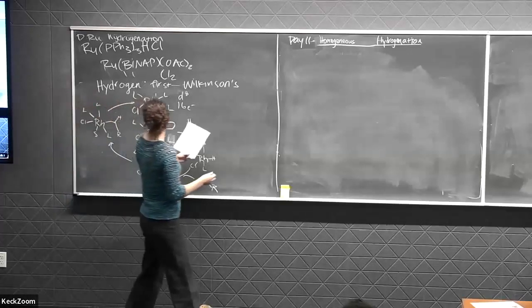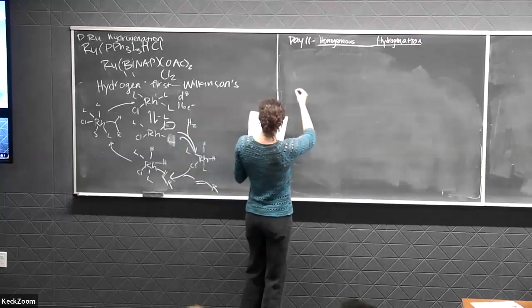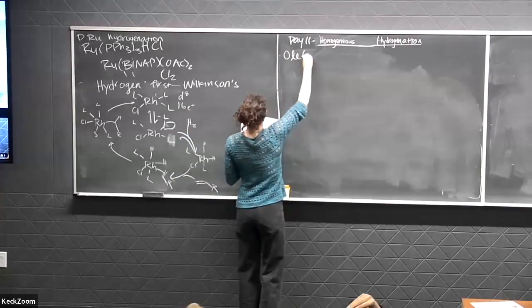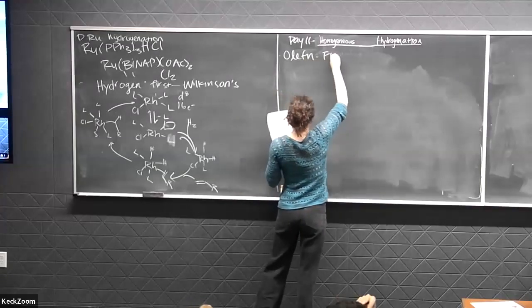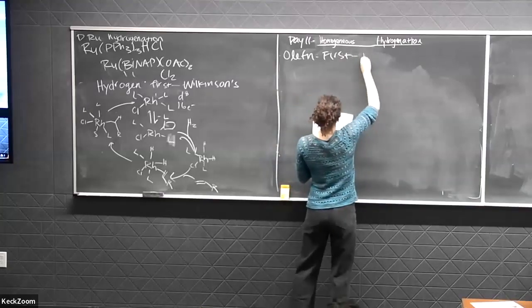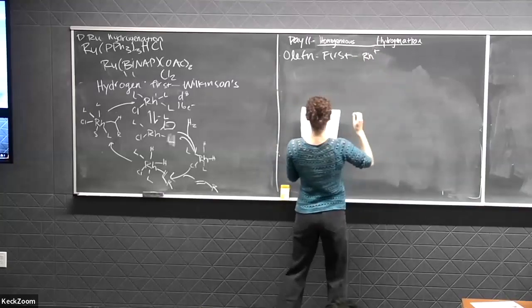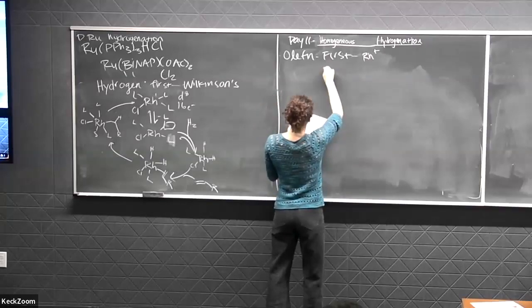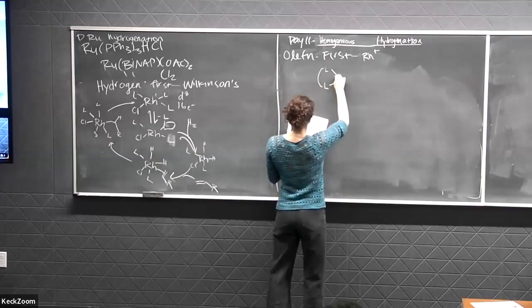So the next one, naturally, will be the olefin first, which is followed by cationic rhodium. We already mentioned this, but I will just draw it anyway.